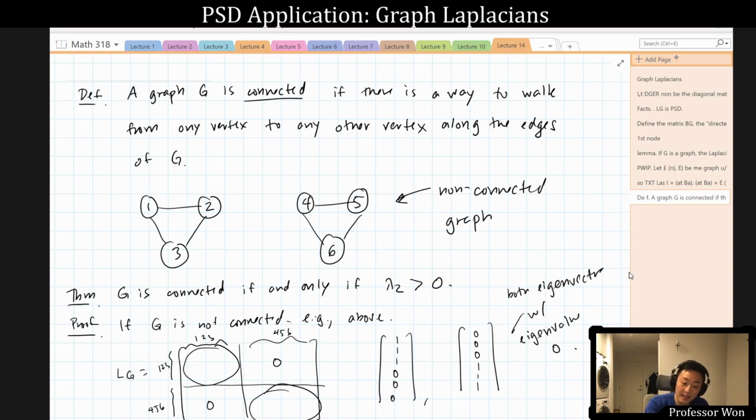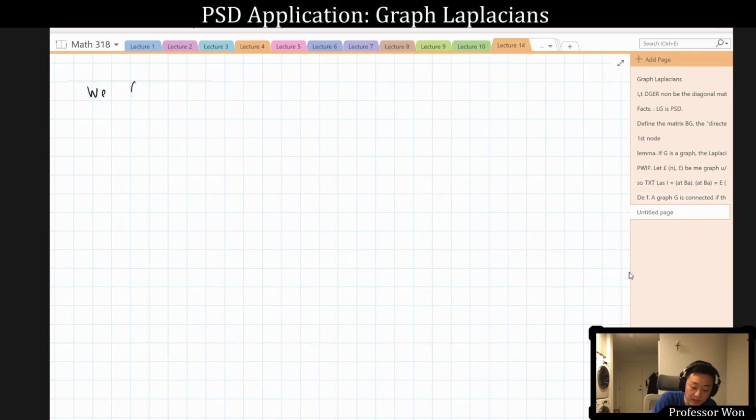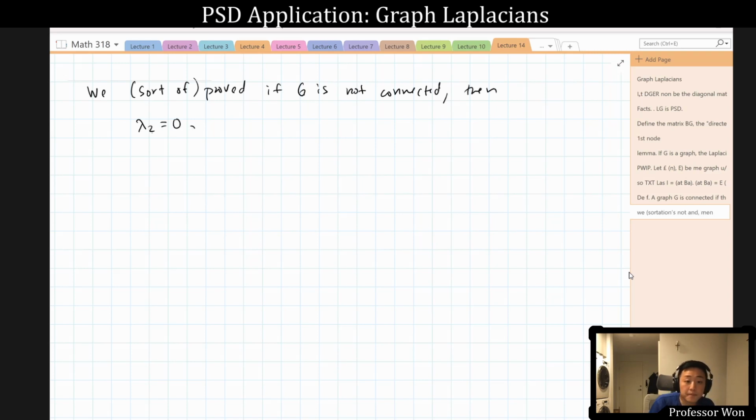We sort of proved that if G is not connected, then lambda 2 will equal 0. And actually, if G has k connected components, then lambda 1, lambda 2, up to lambda k will all be 0.